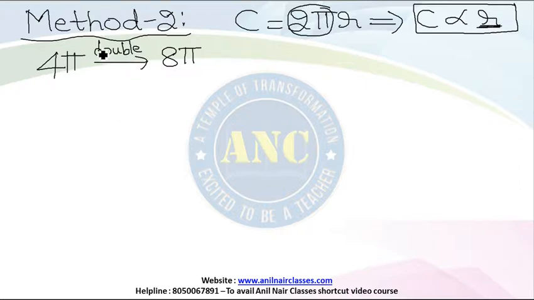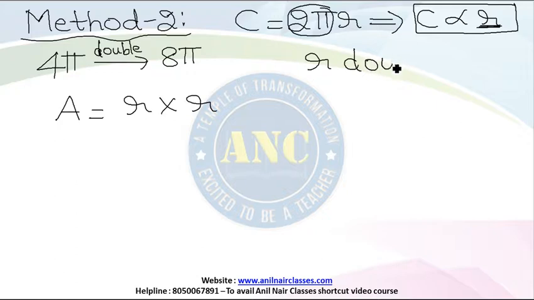What is the percentage change in area is the question. Now see here, sir. Can I say that the area of a circle is pi r square? Forget about that pi. It is r into r. Now the radius also doubles, right, sir? Radius also doubles because the circumference is directly proportional to radius. That means the radius becomes 2 times.